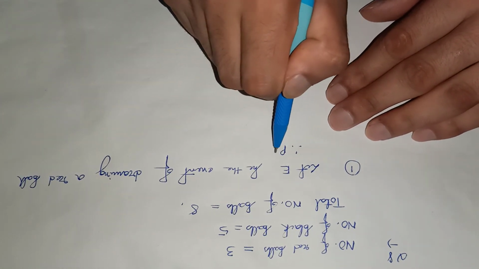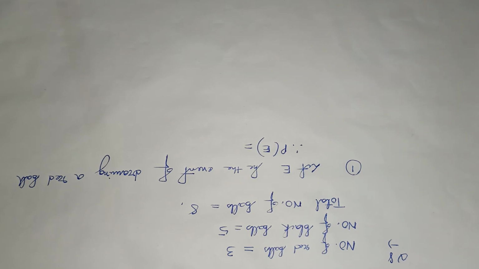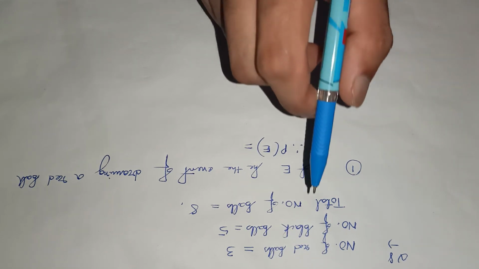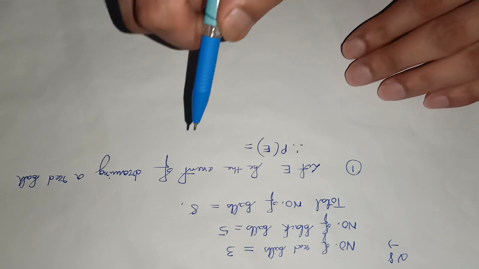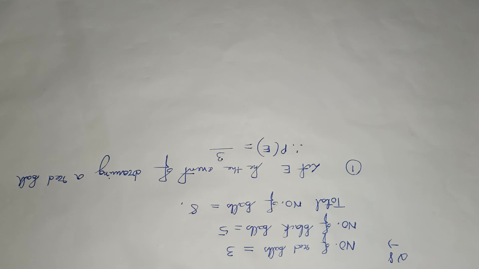Therefore, the probability of event E. Now we have seen that the probability formula is the number of favorable outcomes by total outcomes. Here there are 3 red balls, so you have only 3 chances. So the number of favorable outcomes is 3 by the total number of outcomes. Altogether there are 8 balls, so 3 by 8.